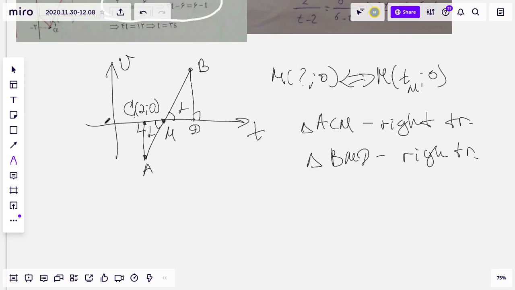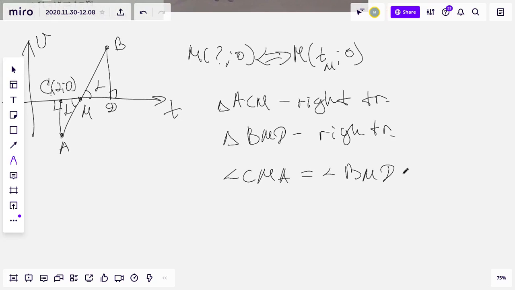AB and the x-axis. This direct crossing of that line brings vertical angles, which have the property that angle CMA equals angle BMD, and we identify it as alpha.